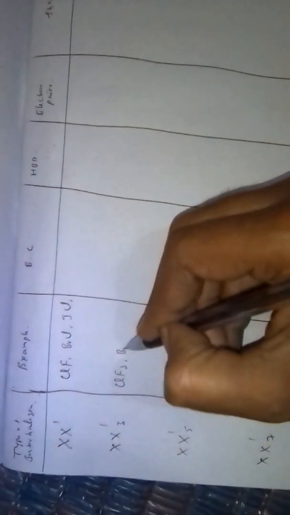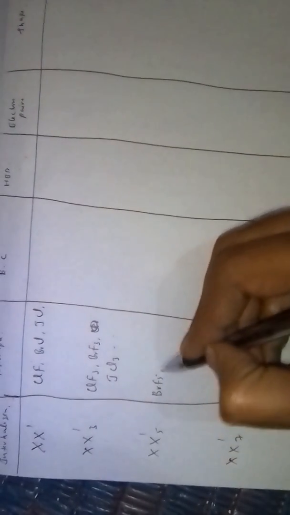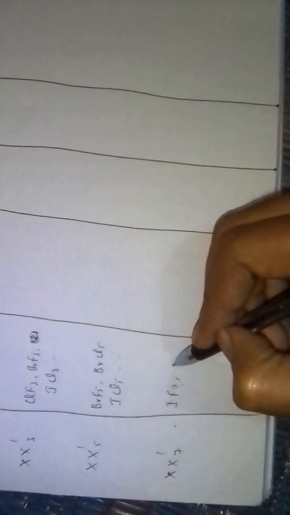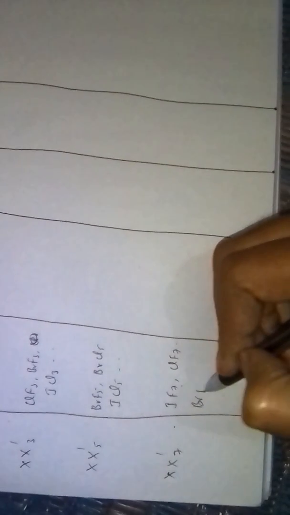XX'3 examples: ClF3, BrF3, ICl3, and so on. XX'5 examples: BrF5, BrCl5, ICl5, and so on. For XX'7: IF7, ClF7, BrF7, and so on. These are examples.